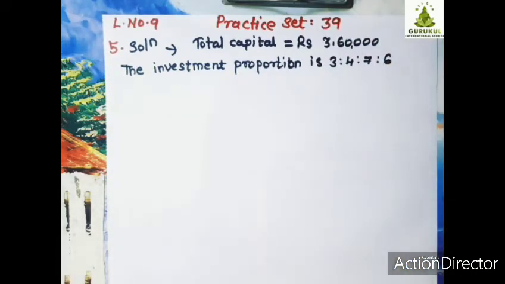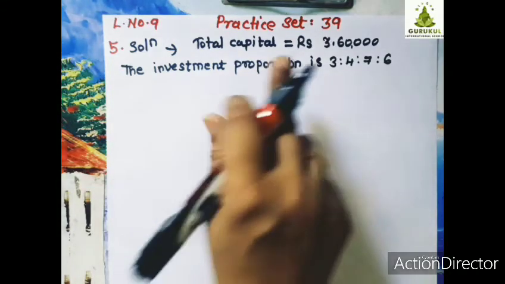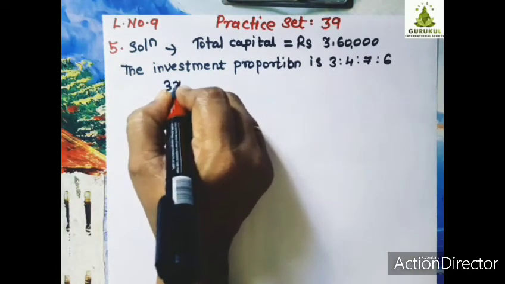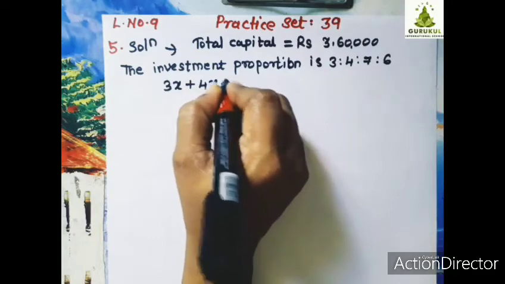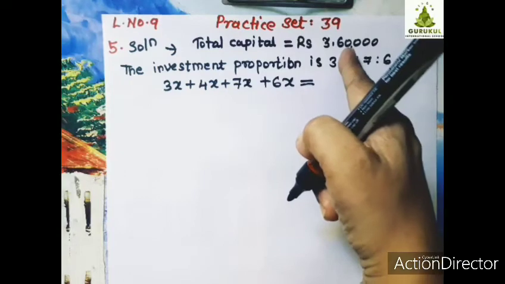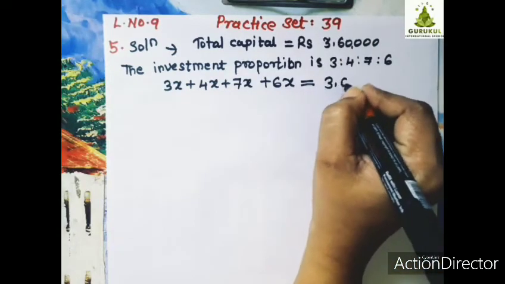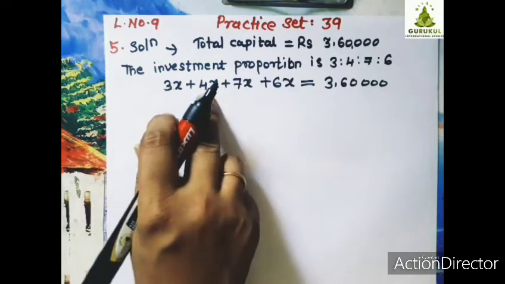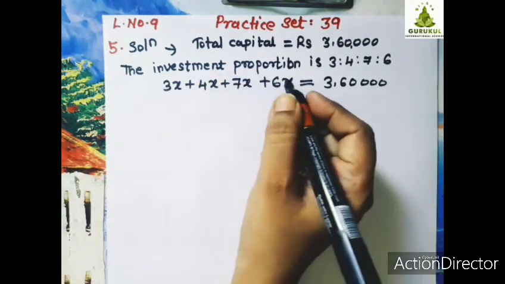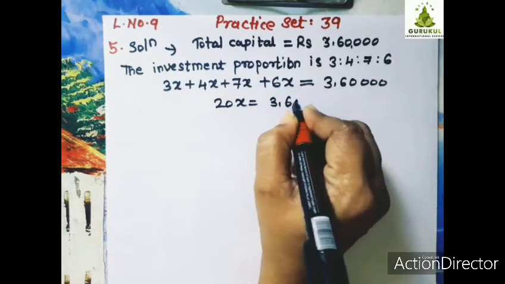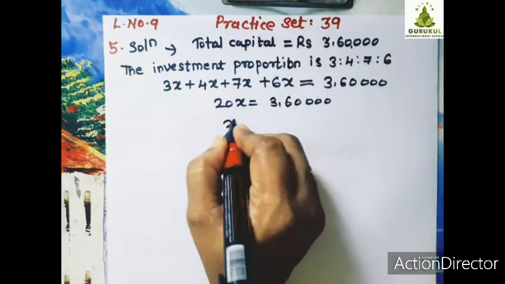Now what we have to do is the addition. Put the variable x with this. So it will be 3x plus 4x plus 7x plus 6x is equal to the total capital, 3,60,000 rupees. Now do the addition. 3 plus 4 is 7, 7 plus 7 is 14, 14 plus 6 is 20x. 20x is equal to 3,60,000.